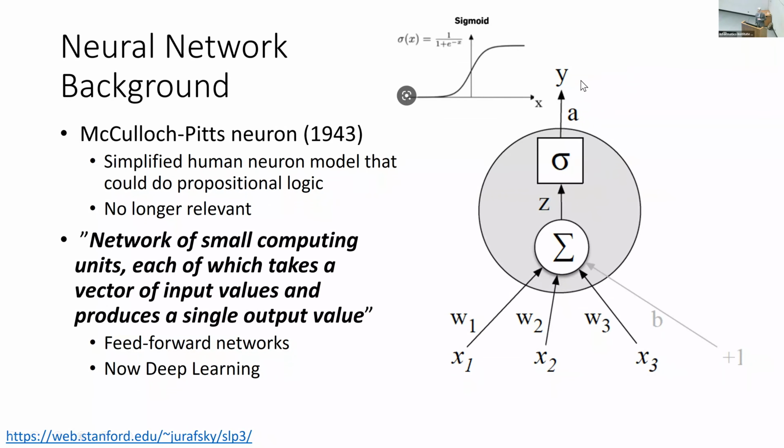We do now have other activation functions, like the ReLU function, a very simple function, max of 0 or x, but it's cheap to compute. There are a lot of other ones as well. I'll talk about the softmax function, which is used like the sigmoid in multi-class classification. There are GELU functions, for example, a little more sophisticated versions of ReLU. So these have been around for a while.